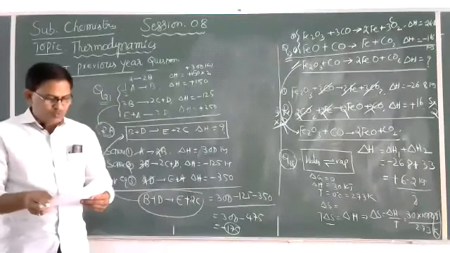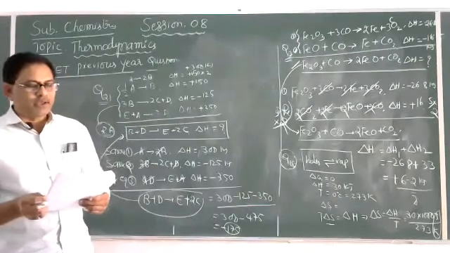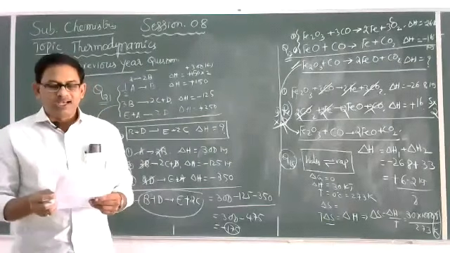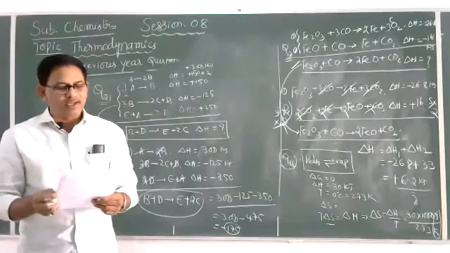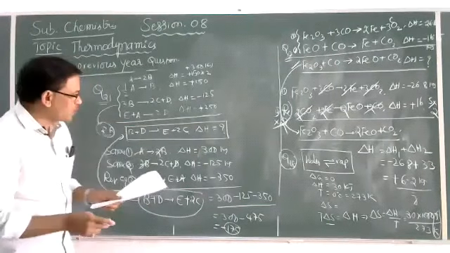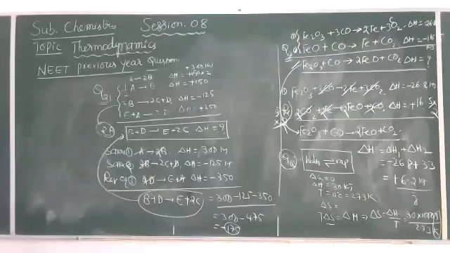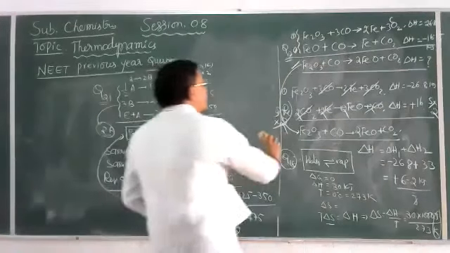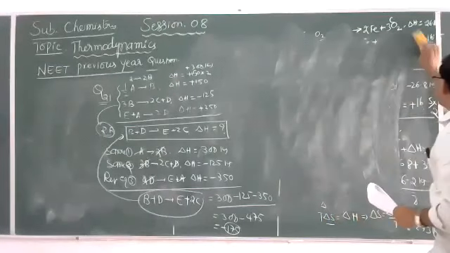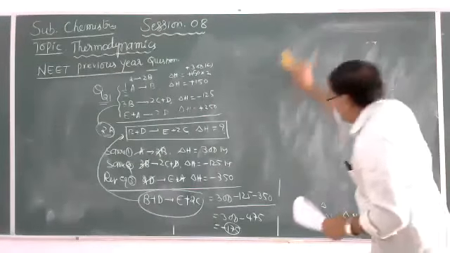Question number 22. In which of the following reactions is the standard entropy change delta S positive and the Gibbs free energy change decreases sharply with increasing temperature? To explain this, yesterday we covered the delta G, delta H, delta S relation.